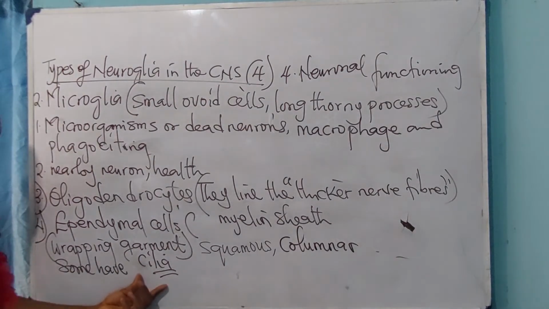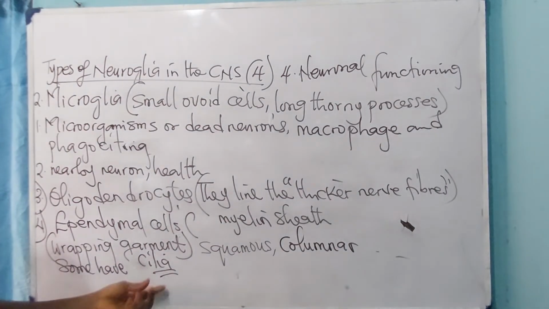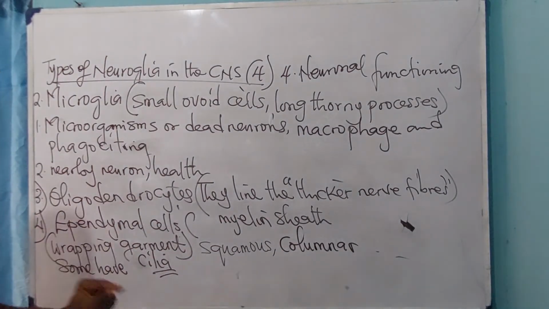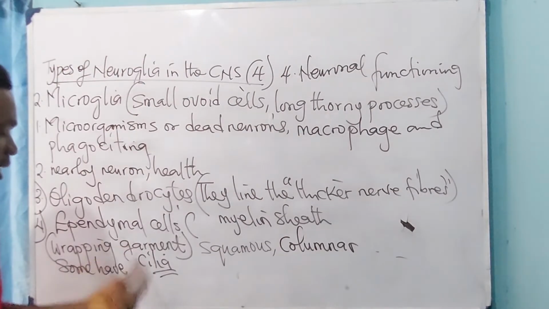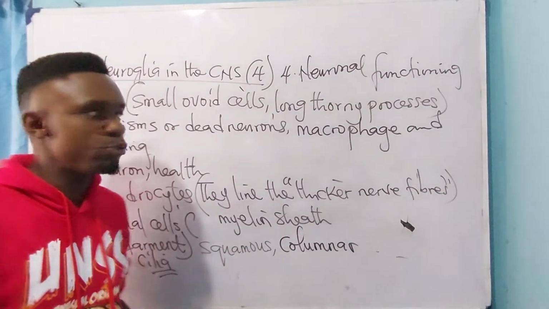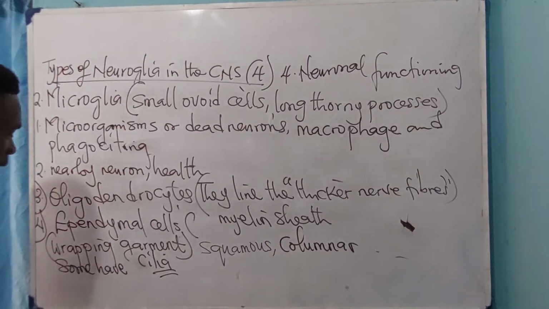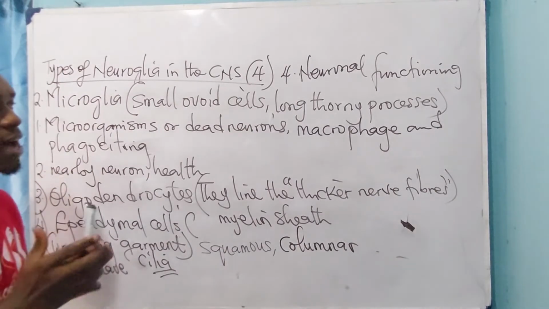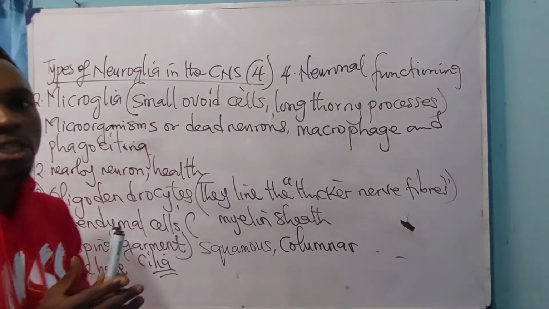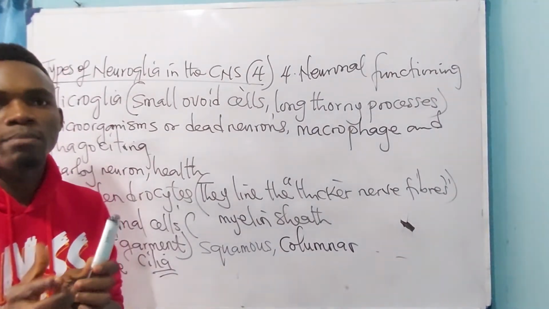And they have what? Cilia. Since some have cilia, by the beating action of the cilia, it circulates the cerebrospinal fluid, which has the ability to cushion the brain and what?